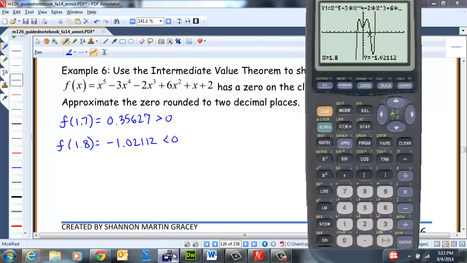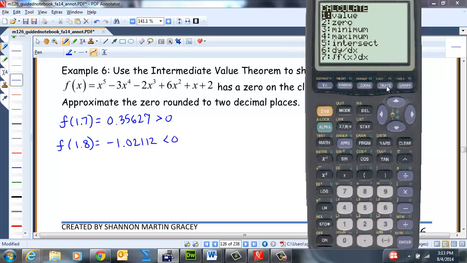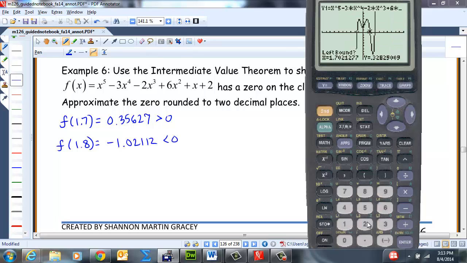So let's find it. So we'll go to second, calculate zero, and we are interested in, oh yeah, we'll be good. So here is our left bound. Here's our right bound. And at approximately, we're supposed to round to the nearest hundredth. So let's just copy this.